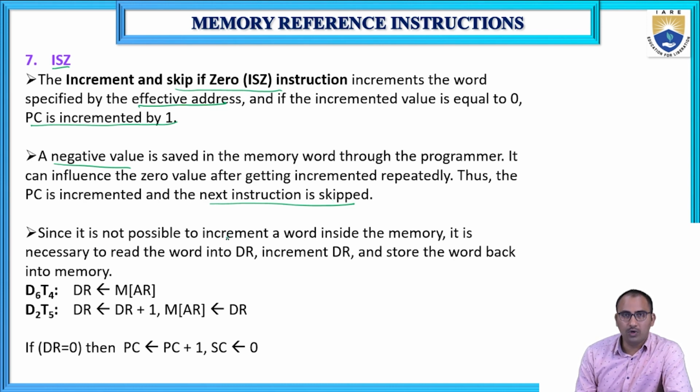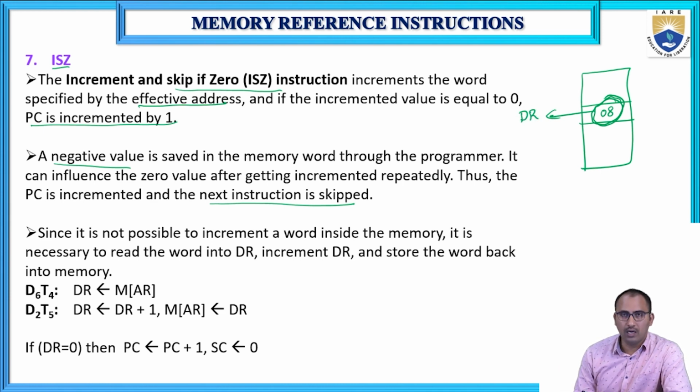Since it is not possible to increment a word inside the memory, we cannot perform the increment operation directly on the memory word. Suppose you have a memory word with some value, 8. We cannot directly increment this memory word. So for that purpose, first we copy this memory word to the data register.